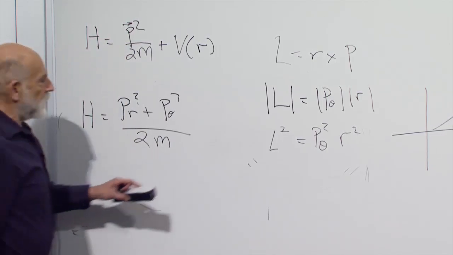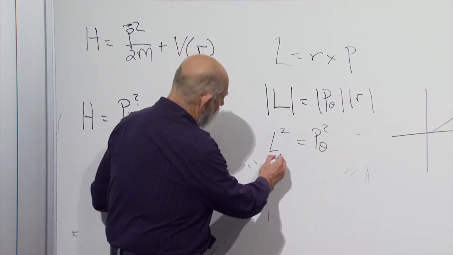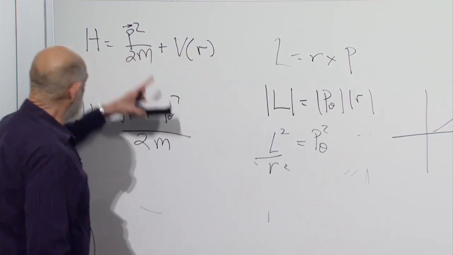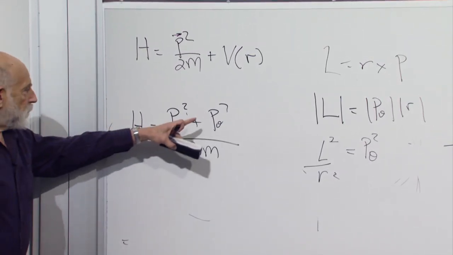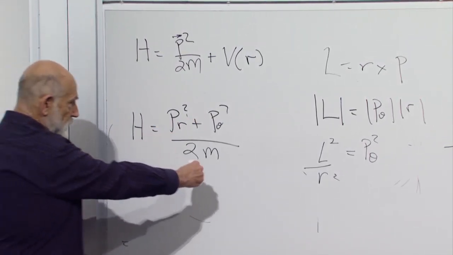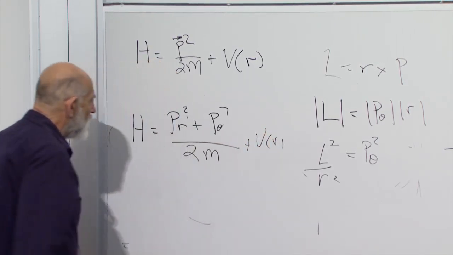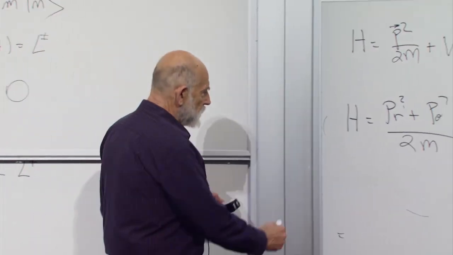And now let's write p theta squared is L squared over r squared. That was easy. And let's stick it into the Hamiltonian. p r squared plus p theta, oh, this is not, I'm sorry, you didn't correct me, plus V of r. Okay, p r squared, well, that's just p r squared.